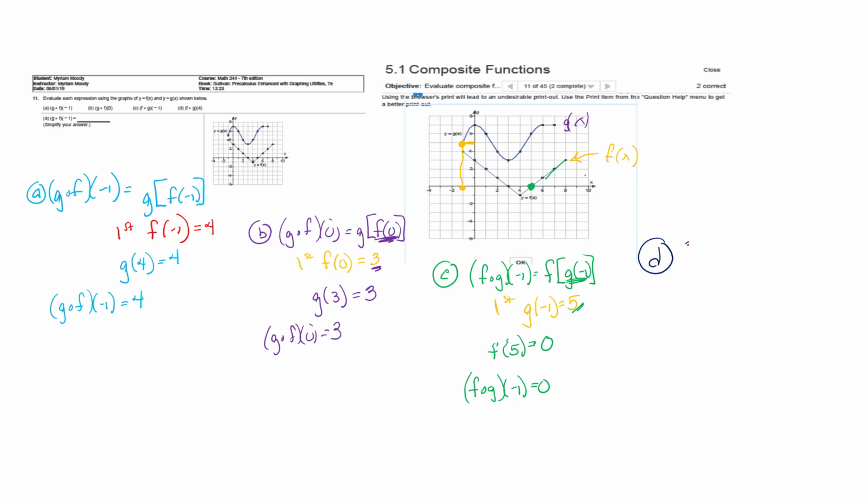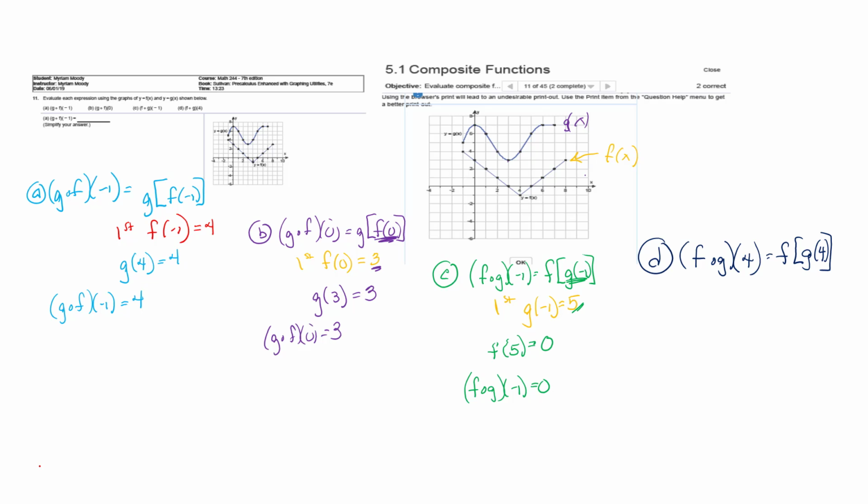D wants us to figure out F composite G of 4. So, by definition, this says to write F of G of 4.